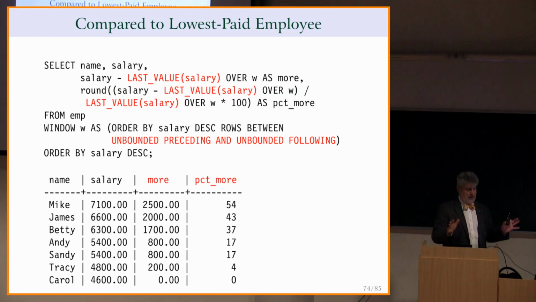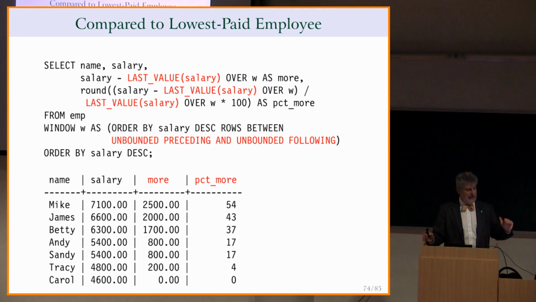Here's an even bigger one, which I'm going to have to walk you through. So we have the name, we have the salary. Then we have how much more that person is making than the lowest paid employee. In this case, the lowest paid employee is Carol. And the last column says, what percentage more are they making than the lowest paid employee?